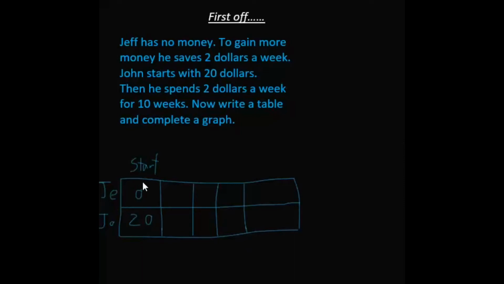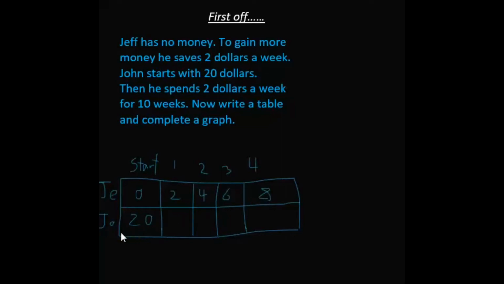Jeff starts off with $0, and John starts off with $20. Jeff gains $2 every week. So 2 for week 1, then we have week 2, week 3, week 4, and so on. So 2, 4, 6, and 8.